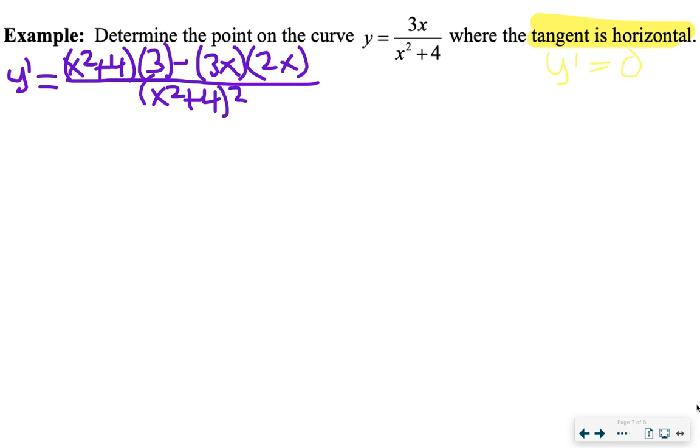All right, so let's just clean it up a little bit there. 3x squared.